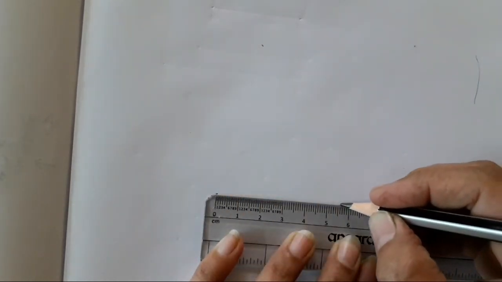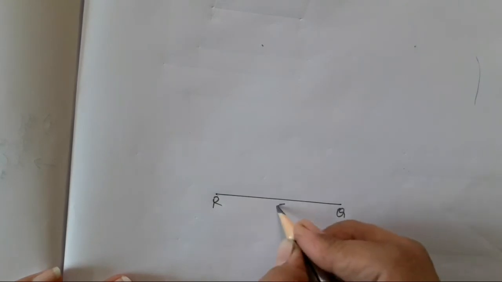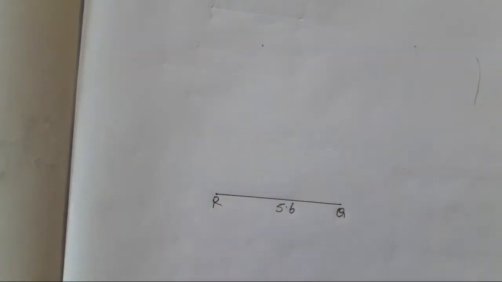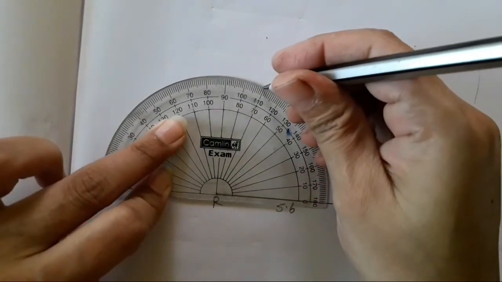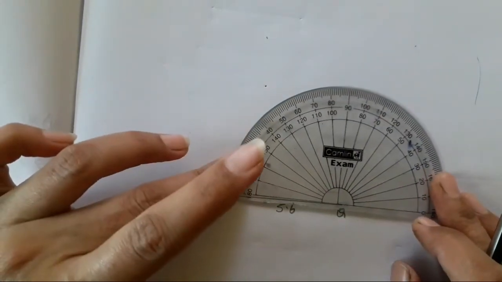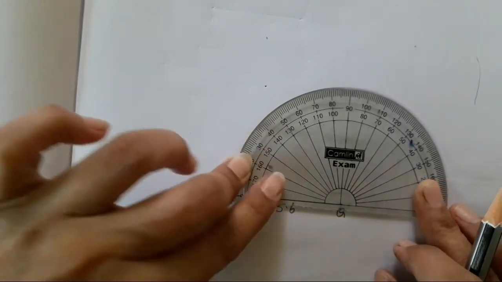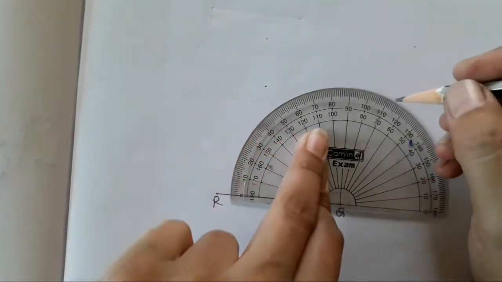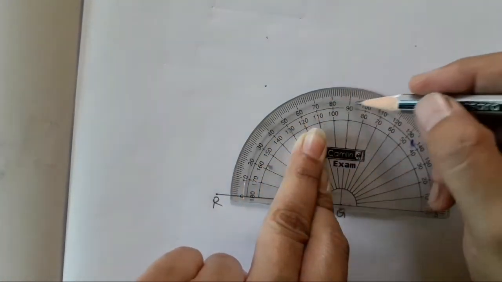This is my measurement, 5.6, which was supposed to be R, Q. From point R it was supposed to be 70 degree, so from the inside you all have to take 70 degree, and for point Q it was supposed to be 110. For 110, children, you have to take the outside numbers, from here the outside number, that is 110.